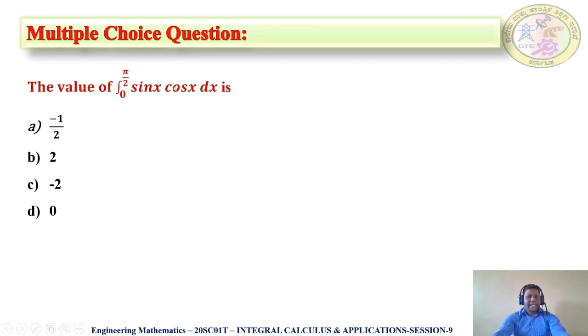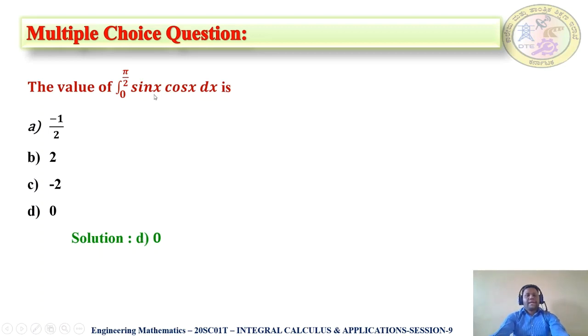Therefore we get t dt. The limit also changes from 0 to 1. So integration of t is t square by 2. Then if you apply the limit, the answer will become 0. The final answer is 0.